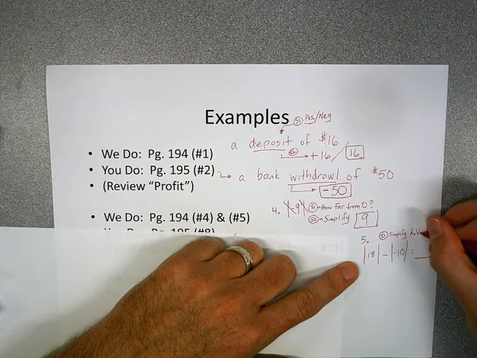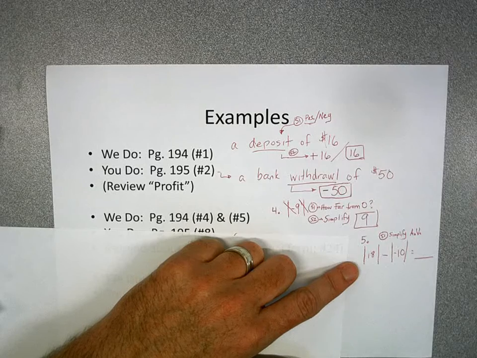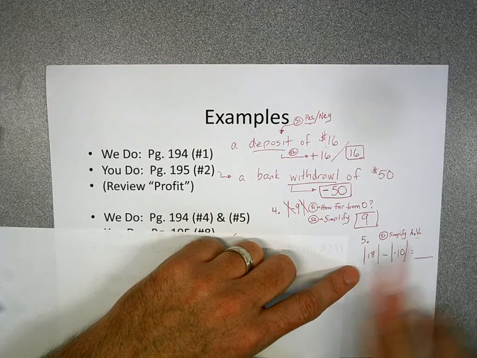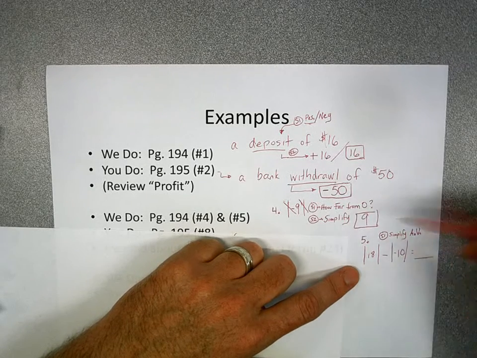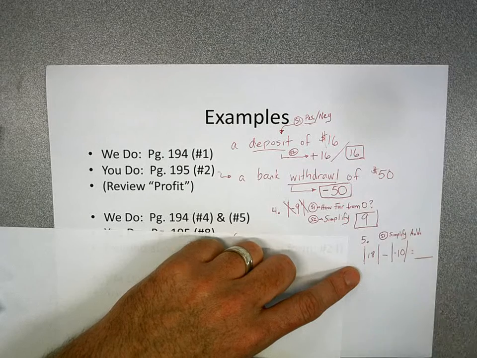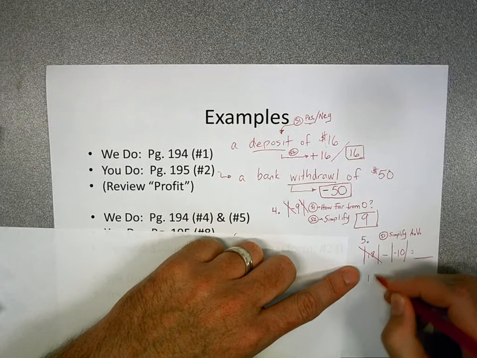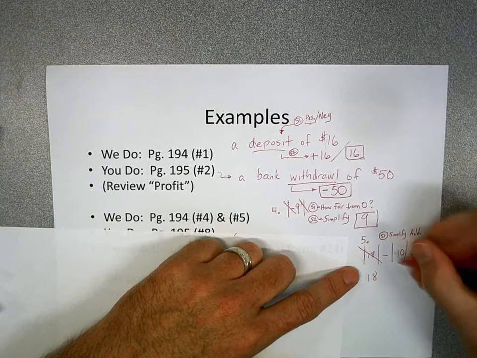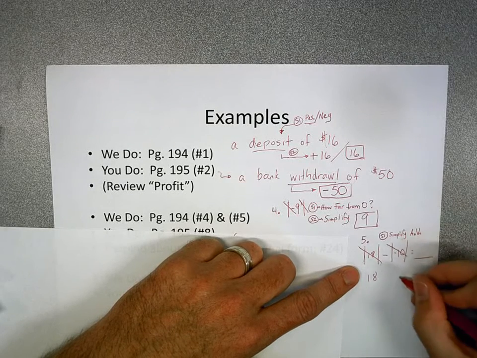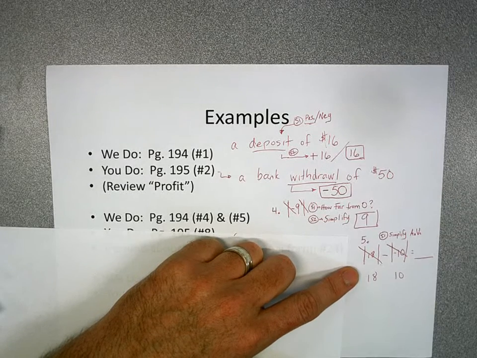I'll just put AV for absolute value to make this a little faster, but we're going to simplify the absolute values first if we have absolute value within a math problem. So I say, okay, how far is 18 away from 0? It's 18 spots. How far is negative 10 away from 0? It's 10. The distance is 10 units, I should say, away from 0.